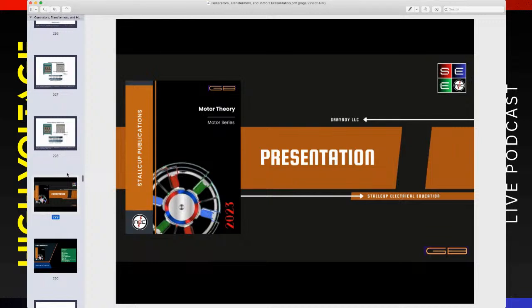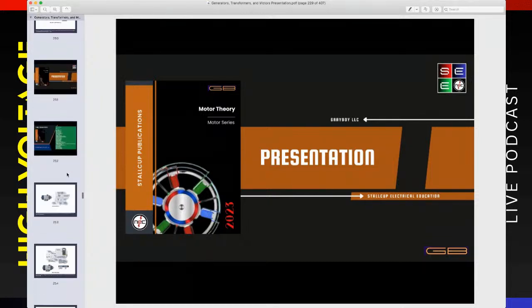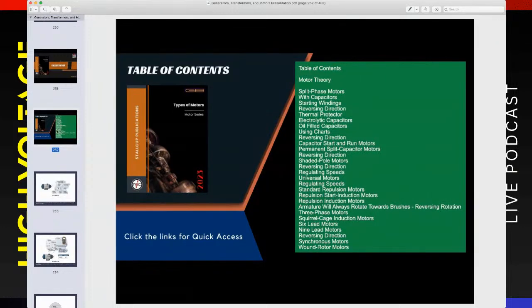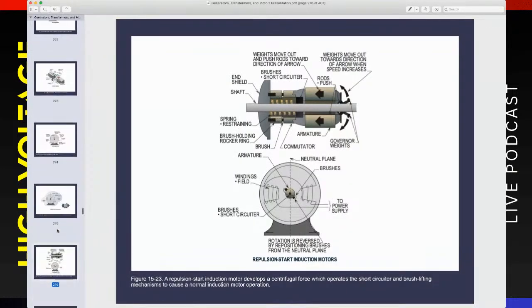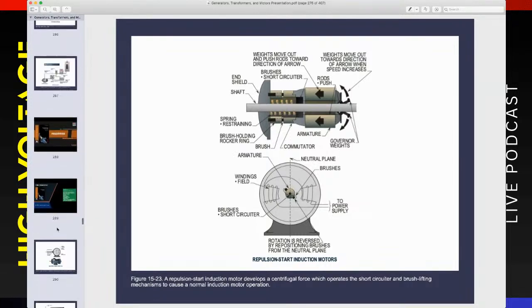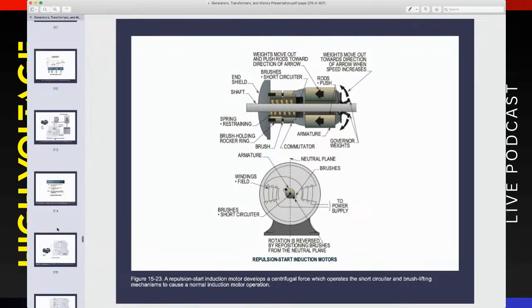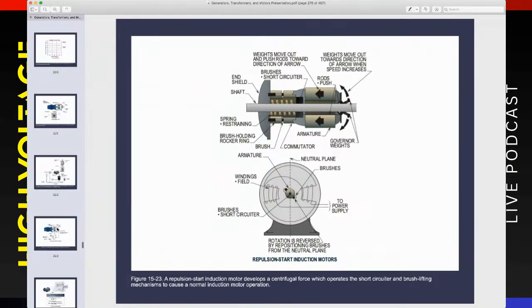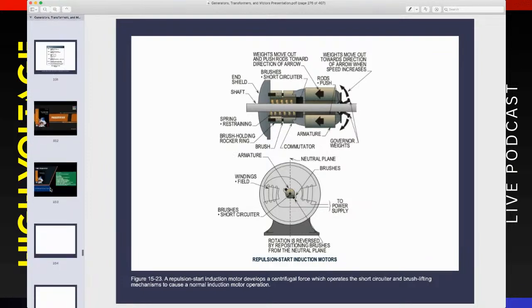When you get into these different chapters, say I'm looking at types of motors, I can look at repulsion start induction motors. You can see the type of illustrations you're going to be getting from these presentations now, and we spent quite a bit of time getting everything looking as best as we can as far as a presentation is concerned.